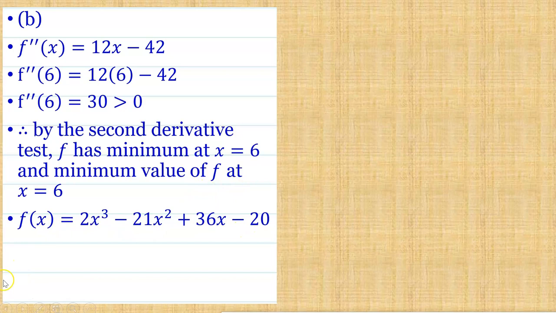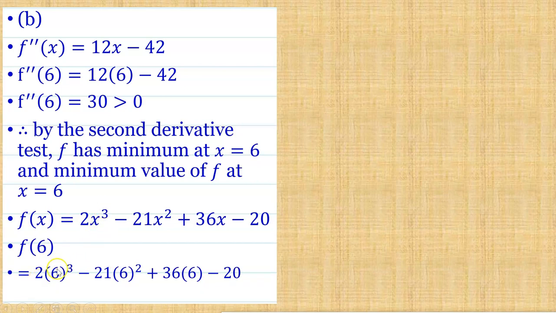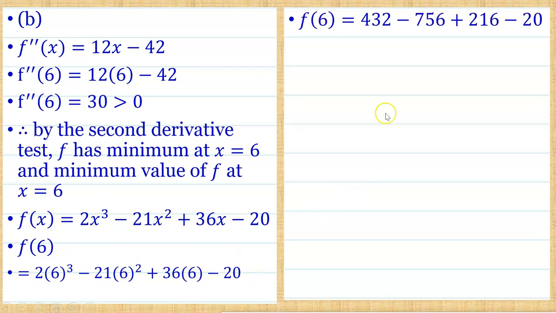We have the function f of x equals 2x cube minus 21x square plus 36x minus 20, and x is replaced by 6. Therefore, 2 into 6 cube minus 21 into 6 square plus 36 into 6 minus 20, and if we simplify it, then here you will get 432 minus 756 plus 216, you can do the calculation, minus 20, and therefore f of 6 equals minus 128.